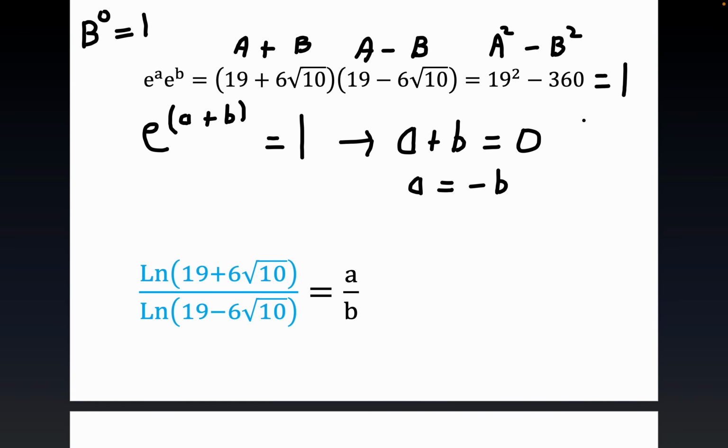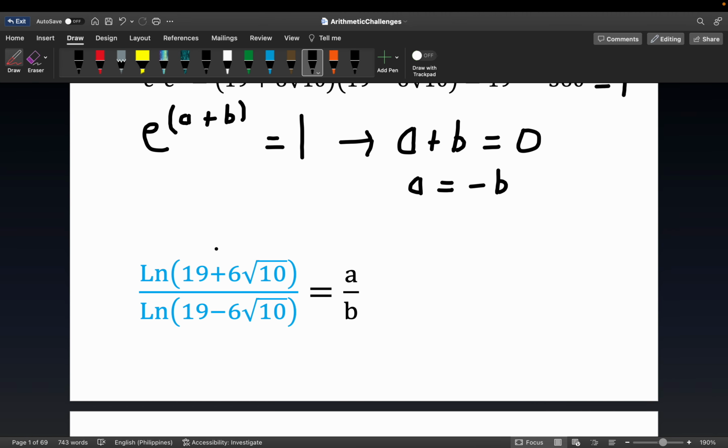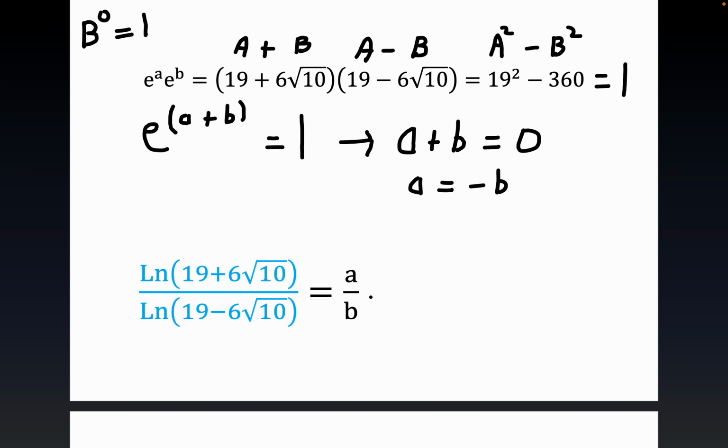So what we get here is that this is equal to minus b over b. And that, of course, is equal to negative 1. So after all of that, folks, it just turns out to be negative 1.